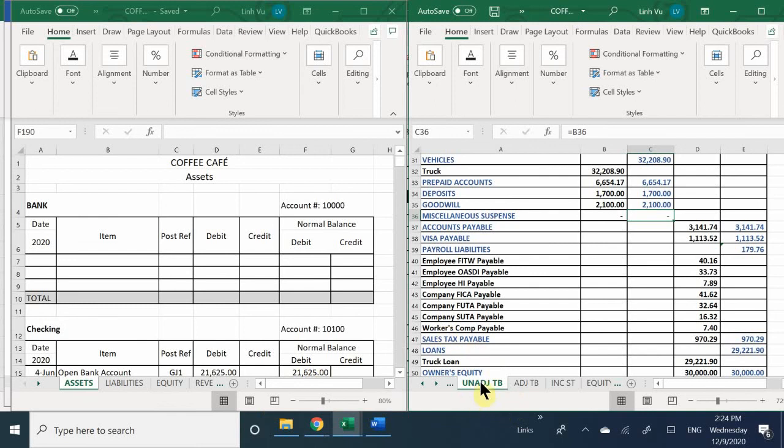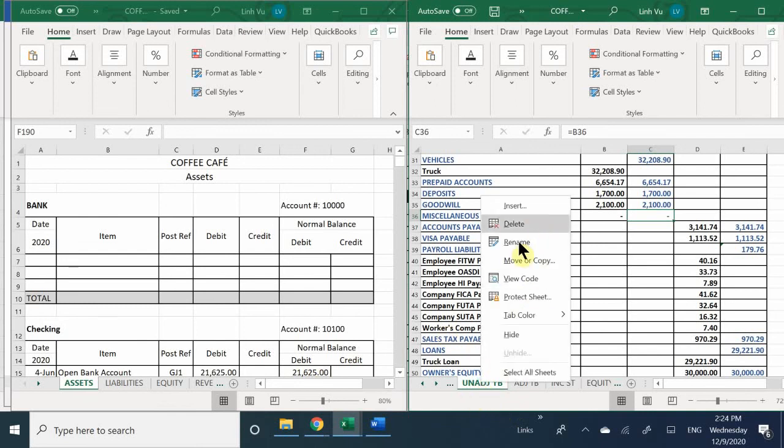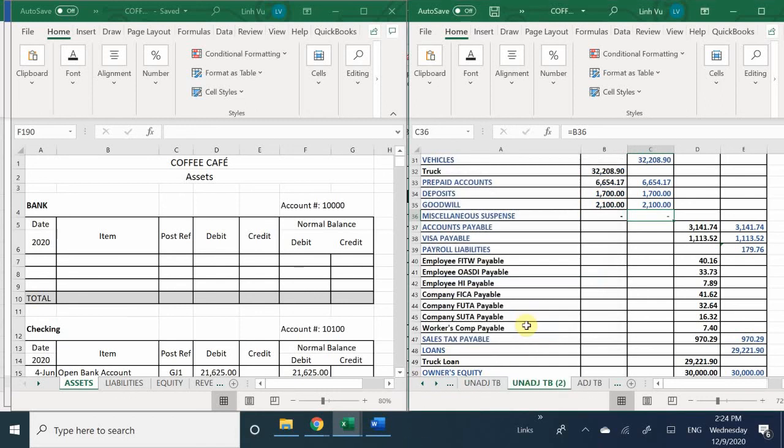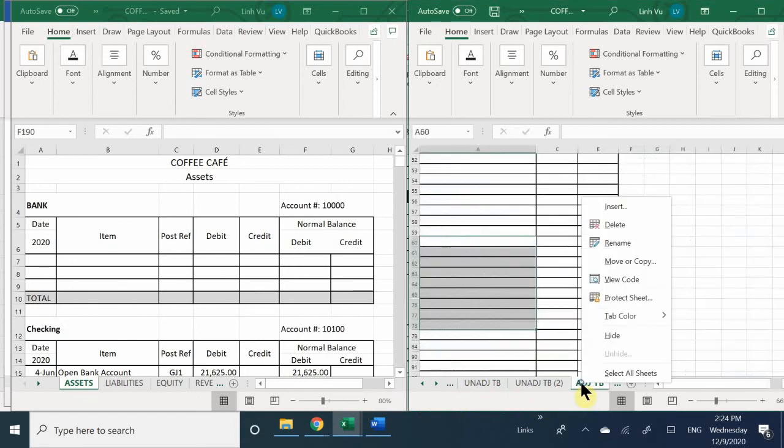So here I'm going to go ahead and right click, make a copy. All right, I'm going to place it right where my adjusted trial balance is, and I'm going to make sure I highlight create a copy and click OK. So here you go. I have my unadjusted trial balance number 2 here.